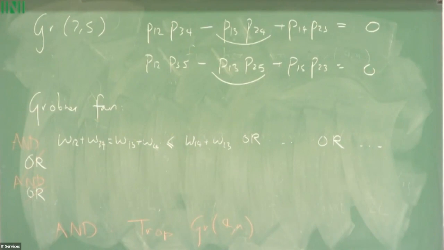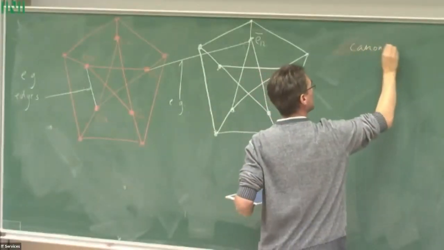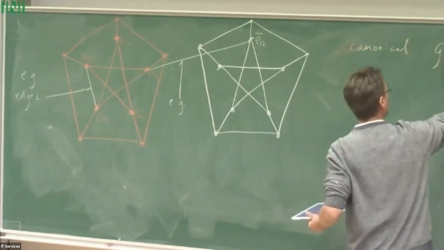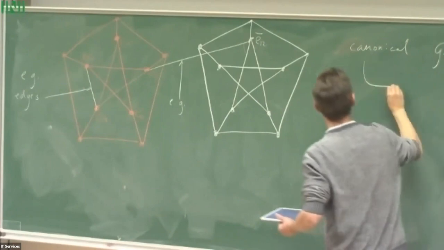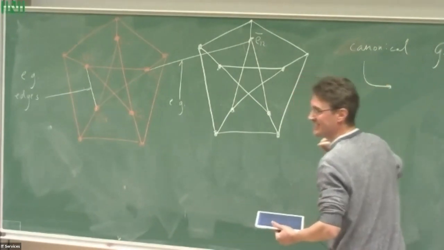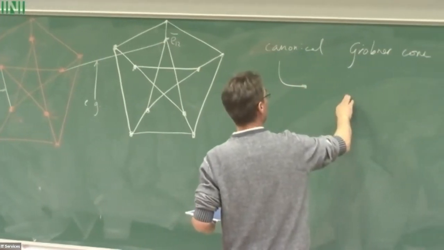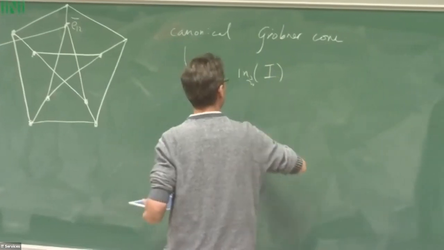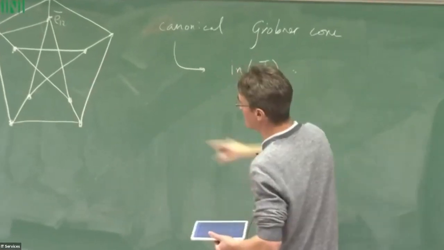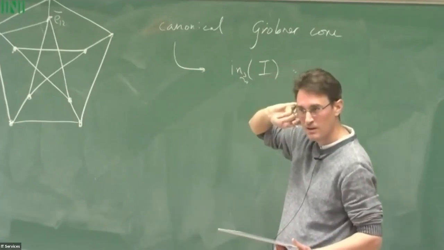Okay, so we get a canonical Gröbner cone whose initial ideal is given by the set. In this case, it's just the set of all exchange monomials of the cluster algebra.